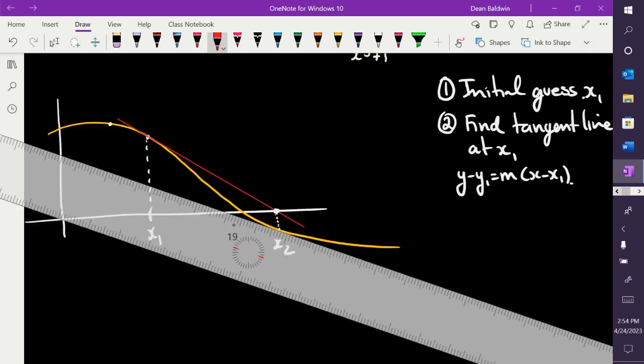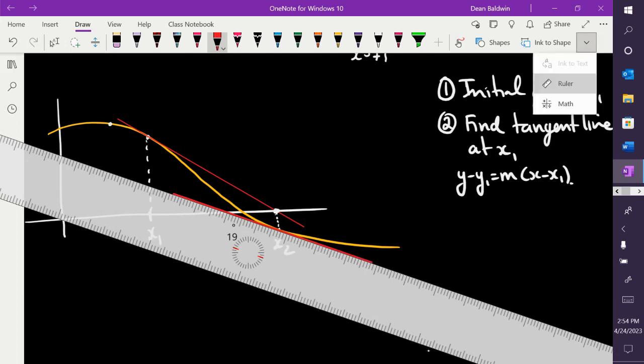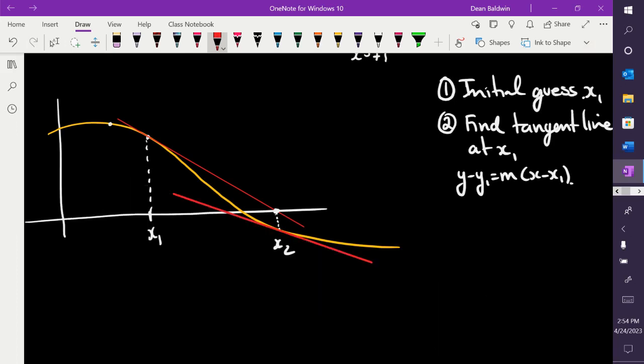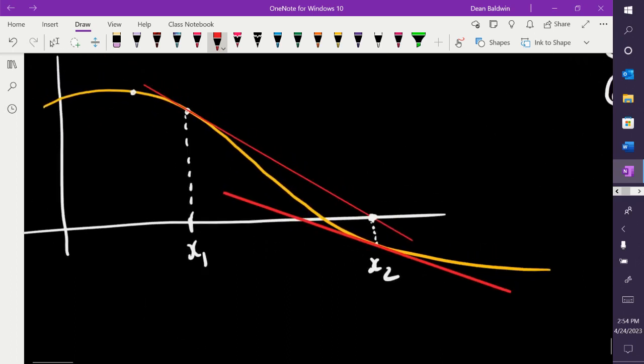So at this point right here. It doesn't really matter for now. I'm just showing you the visual of how this works. I care that you understand the visual, actually. That's what I care about more.